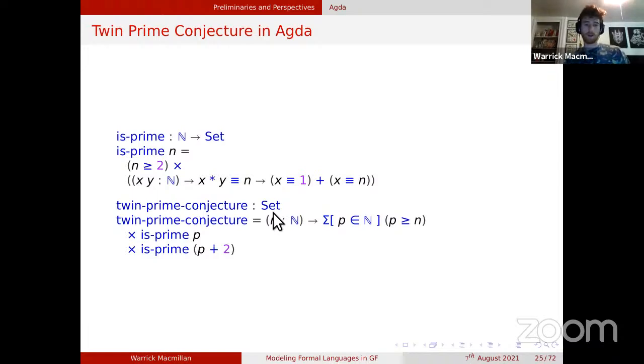And the twin prime conjecture, this is kind of Agda's way of saying there are infinitely many things. So for every natural number n, there's a number greater than it such that that number and that number plus 2 are both prime. And that's what a twin prime is.